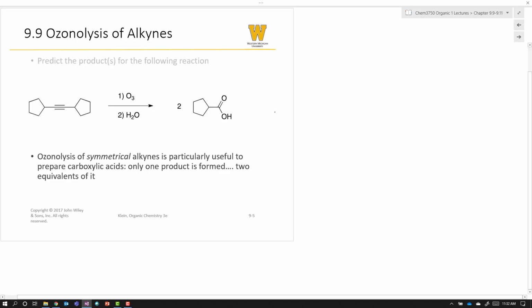So overall, this is simplifying the purification and increasing yield using a symmetrical alkyne.